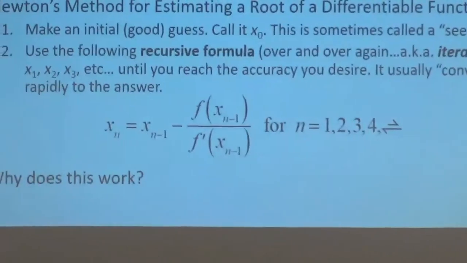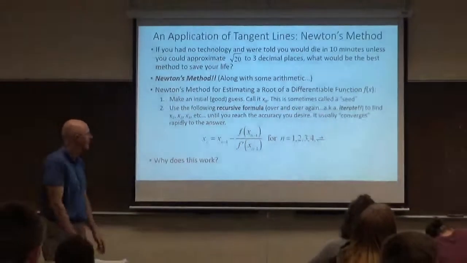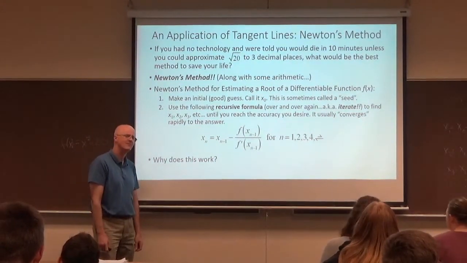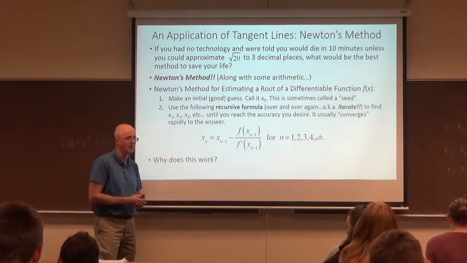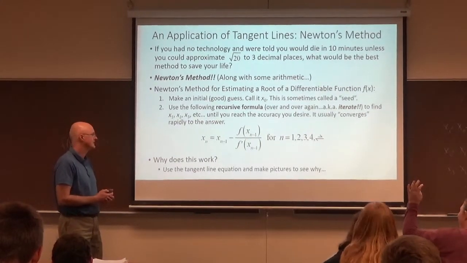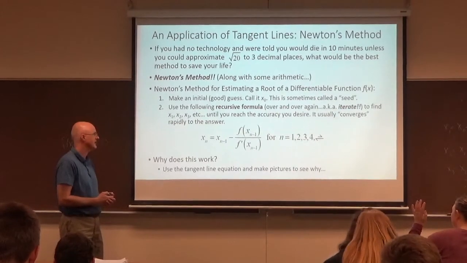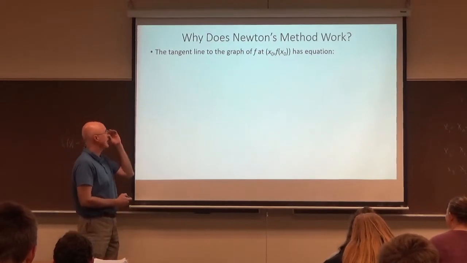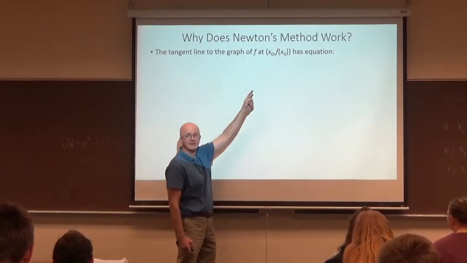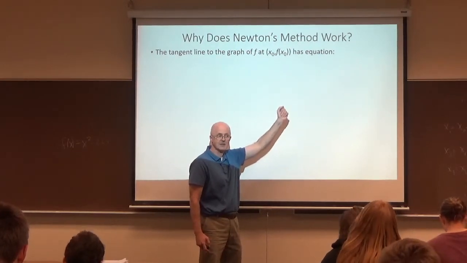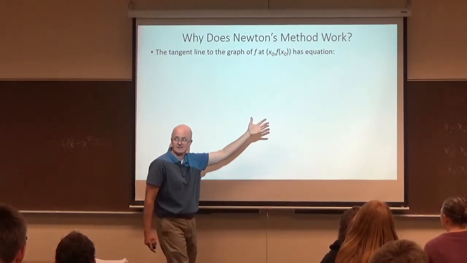But why does it work? It's related to tangent lines. The picture will help you see why it works pretty well. Use a tangent line equation and make pictures to see why. The tangent line to the graph of f at this point, notice I'm using an x0 here instead of an a because that's my seed, my initial condition. It's like an a.